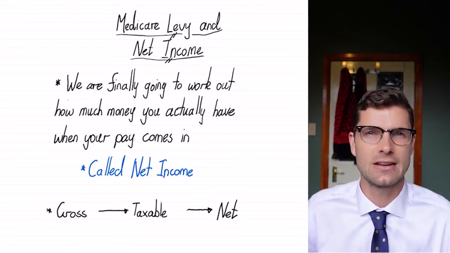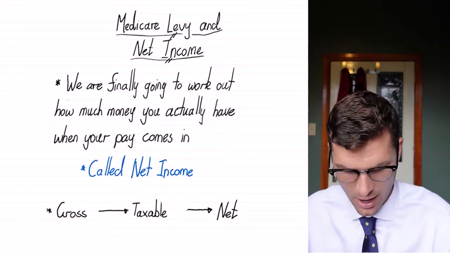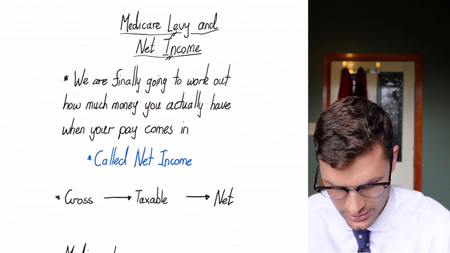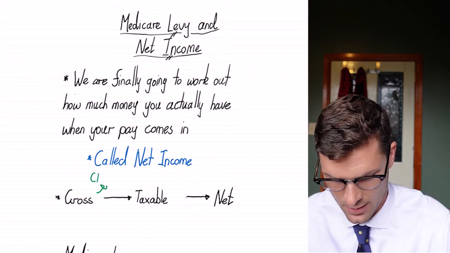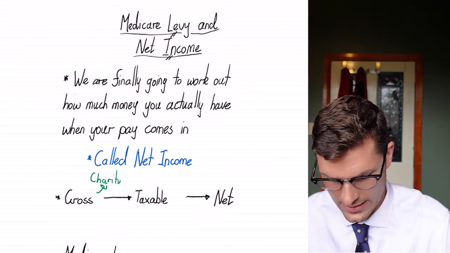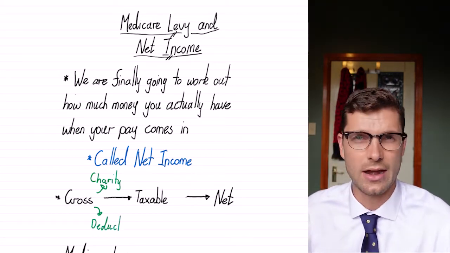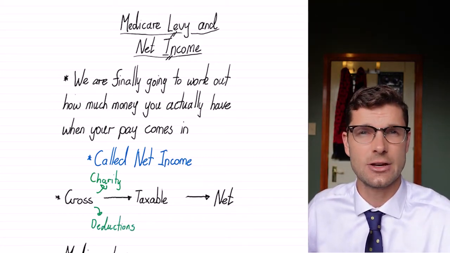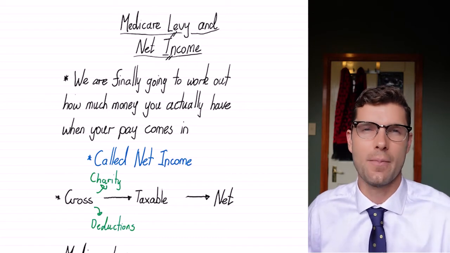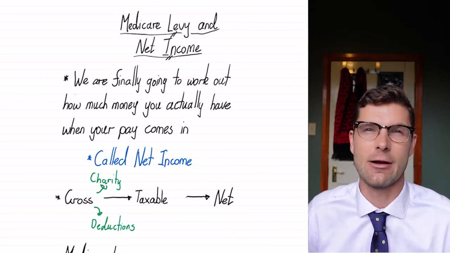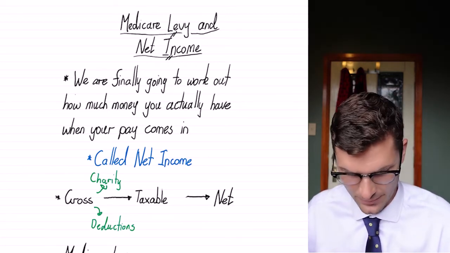So our gross income becomes our taxable income after our charity donations are taken out, and also by any deductions. So anything that you spend that is essential for your job, you're going to save money on in the long term. And that's why they're in green, because you're saving that money.